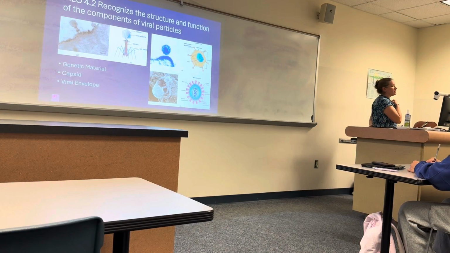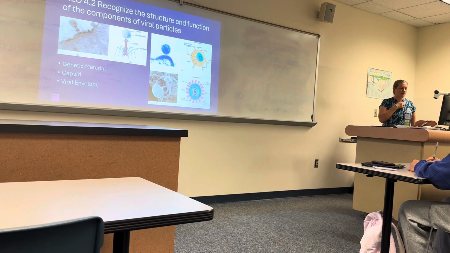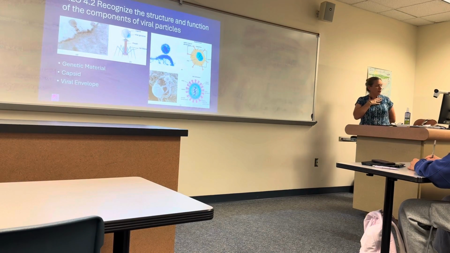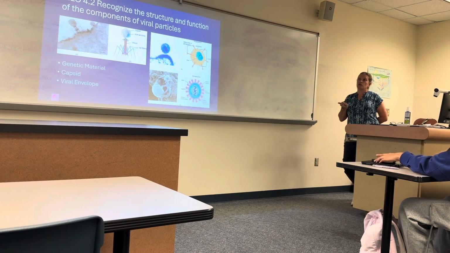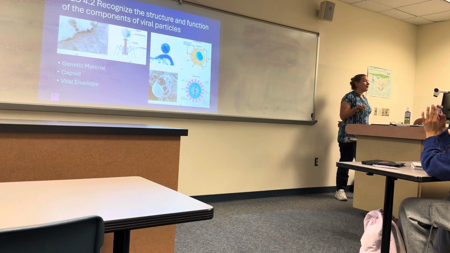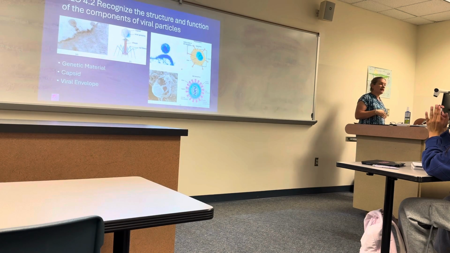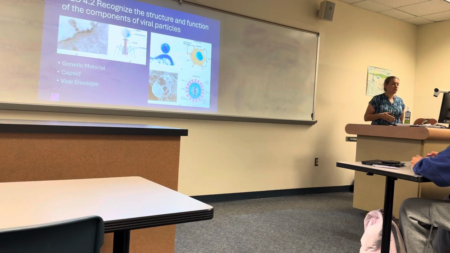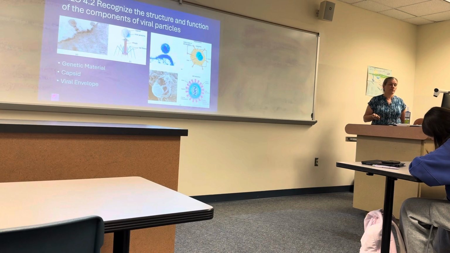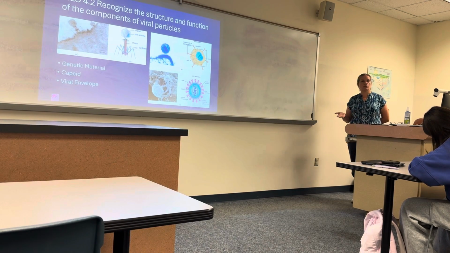All right, recognizing the structure and function of the components of the viral particles. So we've got the genetic material. As I've already mentioned, the genetic material is going to be either DNA or RNA, never both. If it is DNA, it can be double-stranded or single-stranded. If it is RNA, it can be double-stranded or single-stranded.